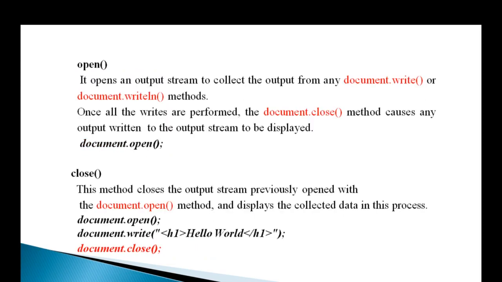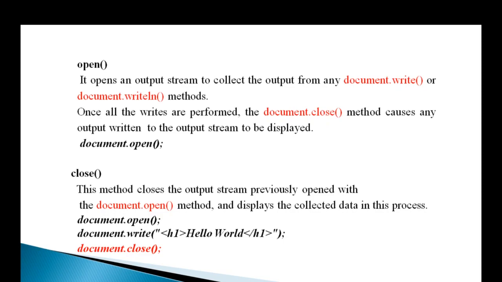Open method. It opens an output stream to collect the output from a document with the method document.write or writeln. Once all the writes are performed, the document should be closed. The method causes any output written in the output stream to be displayed.